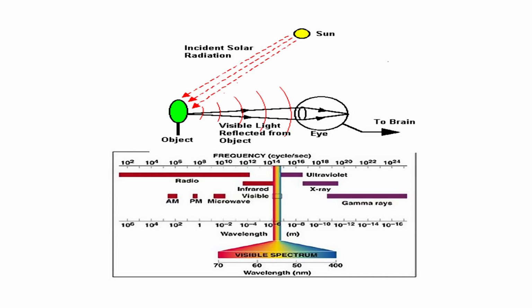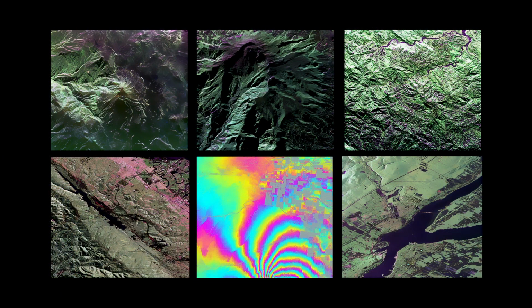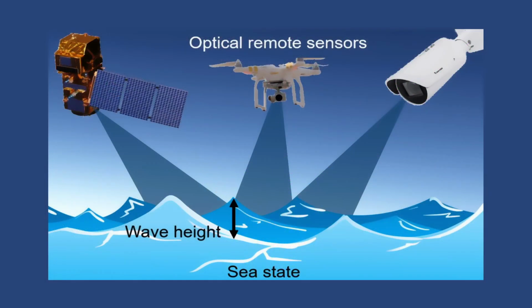The human eye has peak sensitivity at 0.55 microns, which is approximately the emission peak of the sun. Visible and reflective infrared remote sensing are parts of optical remote sensing. Optical remote sensing mainly depends on the reflectance of the objects on the ground surface.